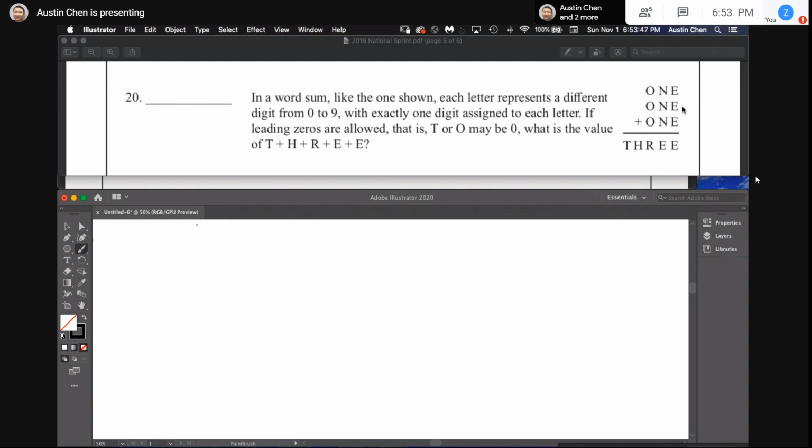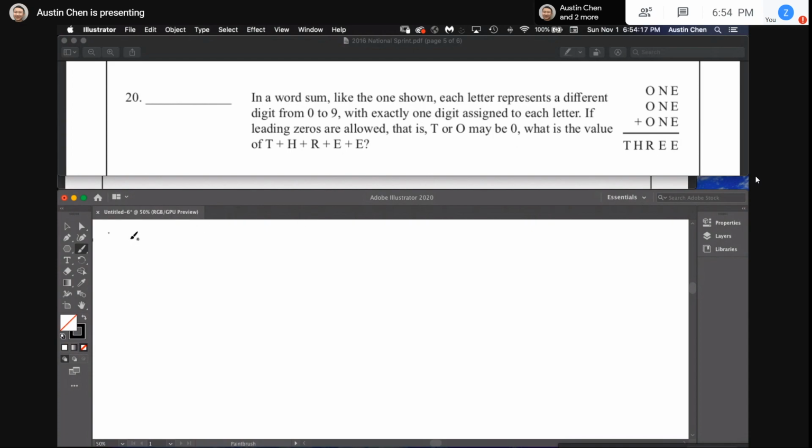We have E plus E plus E equal to E. Now, either E equals zero, so that it sums to itself, or we're going to have some sort of carry here. Because if it's not zero, then you can't have three of something summing to itself, so we'll have to have a carryover and the units digit equaling itself. So when is that going to work?